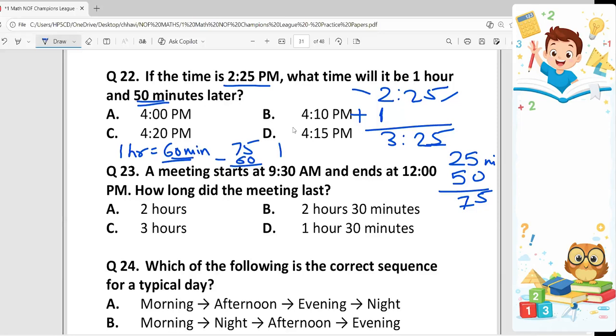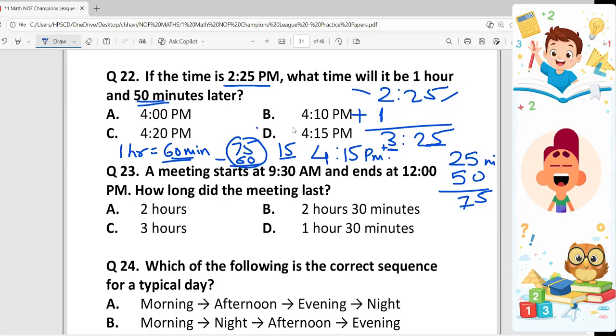So this comes to be 15 when we subtract these two. So what we'll do is we will just keep this 1 hour, add it to this one, and keep the 15 minutes separate. Like 3 plus 1 is 4 and 15 minutes individually. So it will be 4:15 p.m. So option D is the correct answer.